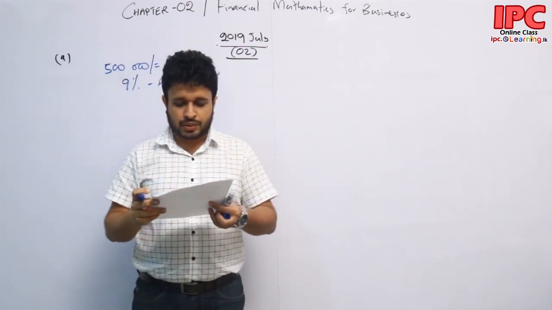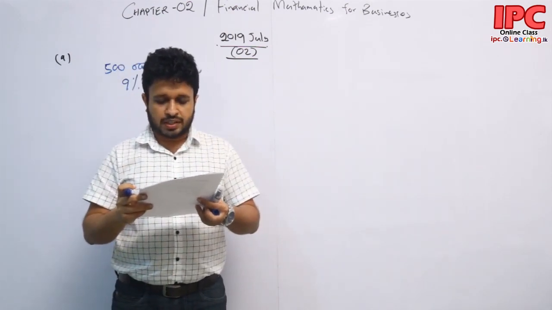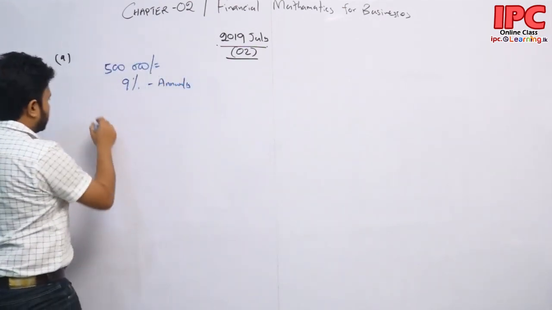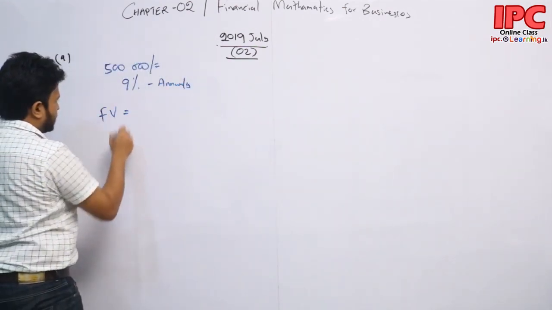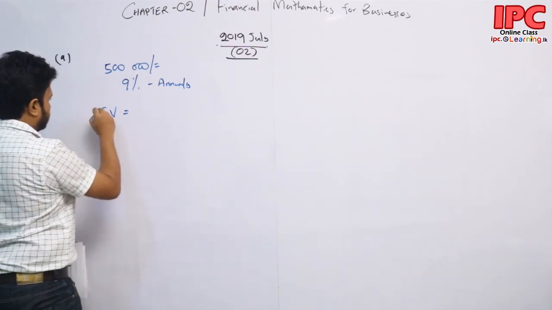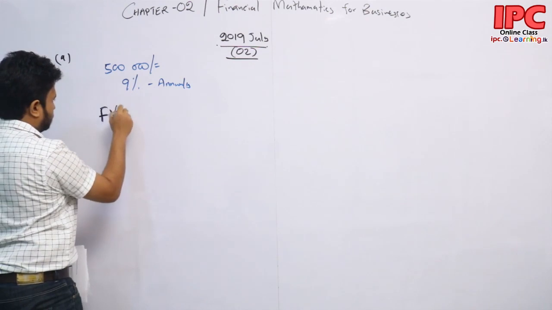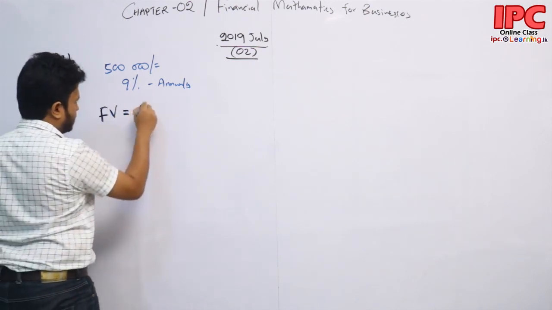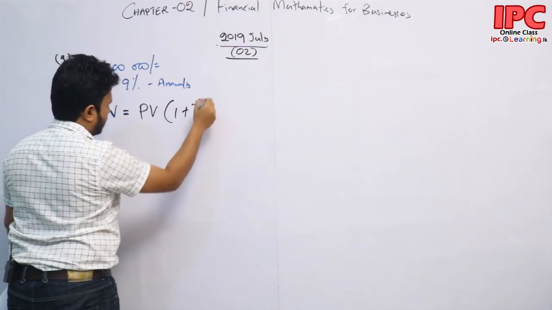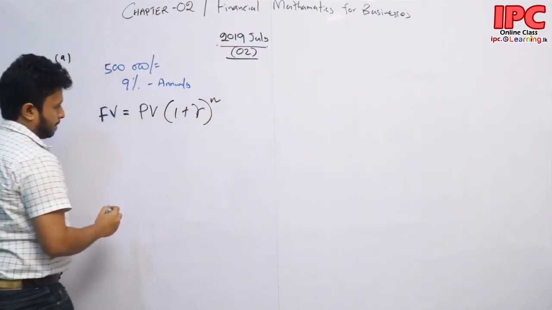You are required to calculate the total amount in her account at the end of the third year. It's very easy, right? Future value is equal to present value into 1 plus r to the power n.